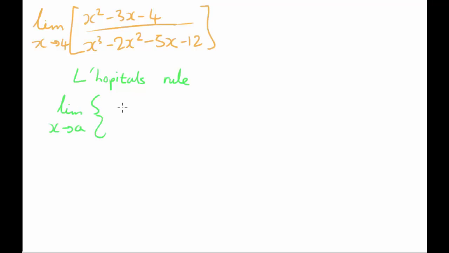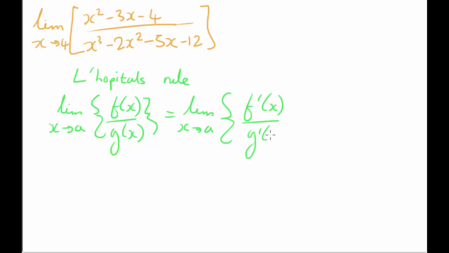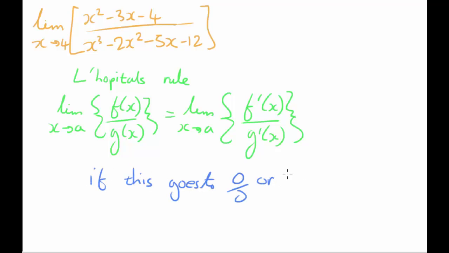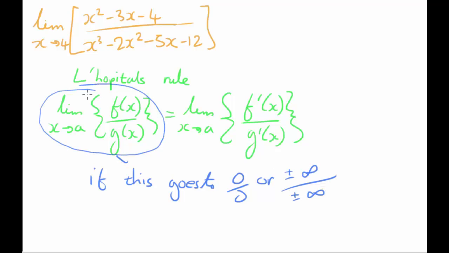This is just stating L'Hopital's rule again, just in case you've skipped to this part. If this goes to 0 over 0 or plus or minus infinity over plus or minus infinity, you can use this. So in this case, we can use it.